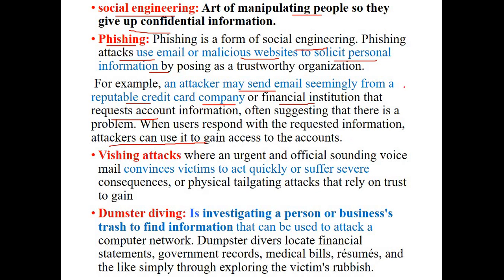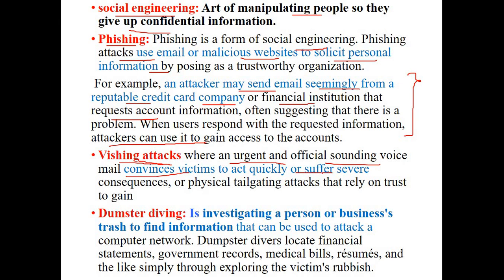Therefore we should be very careful when we get such emails or messages on our phones asking for personal information or account information related to our bank accounts. Next is another phishing attack, where an urgent, official-sounding voicemail convinces the victims to act quickly.